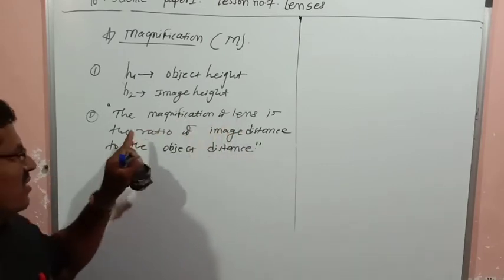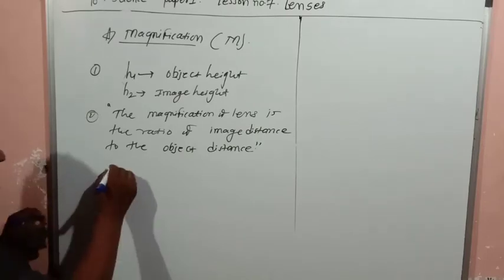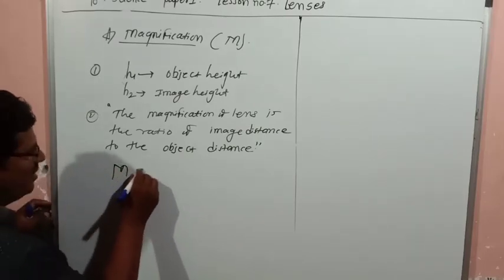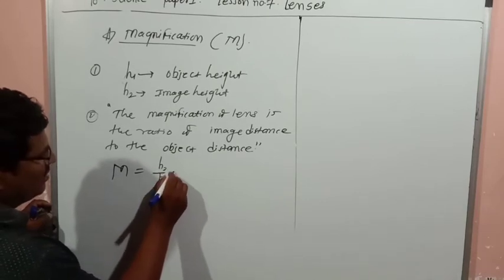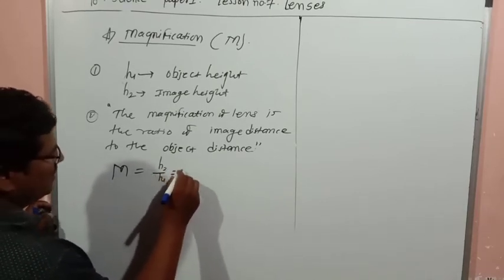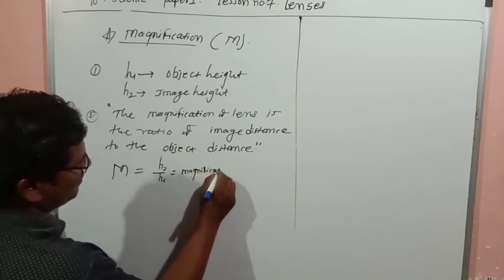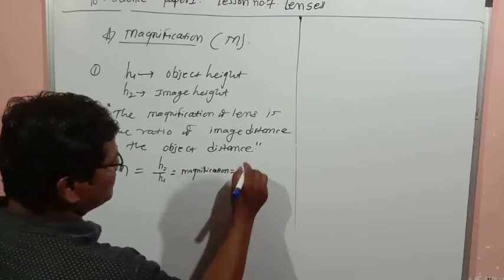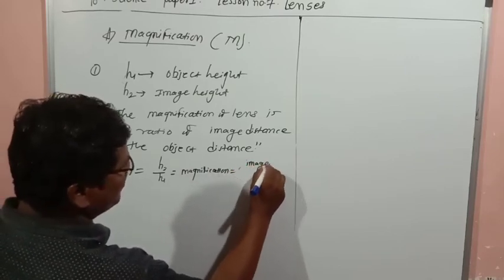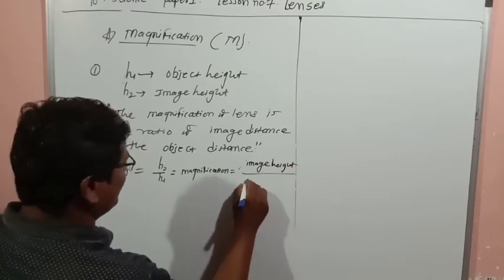Magnification of the lens is the ratio of image distance to the object distance, and for that you can write the formula, M is equal to h2 upon h1. So magnification is equal to the ratio of image height to the object height.